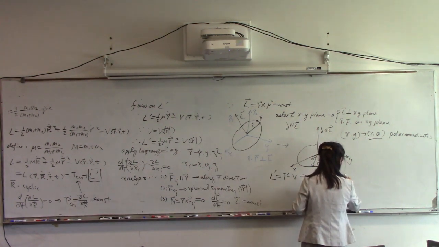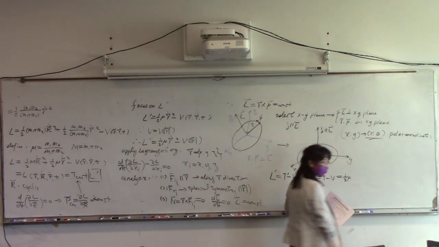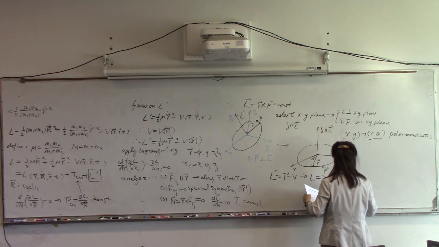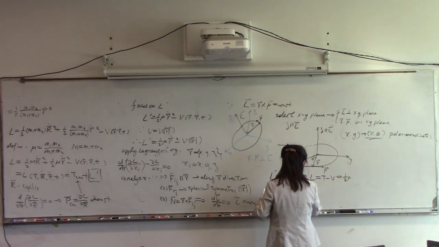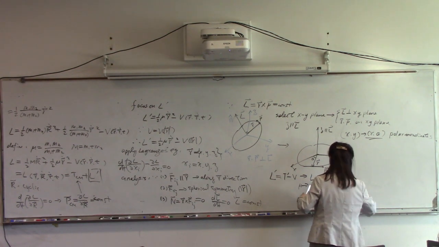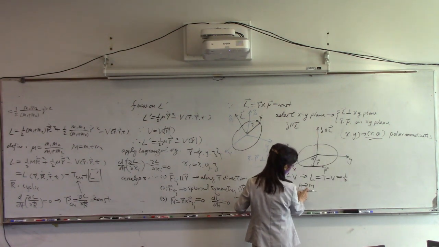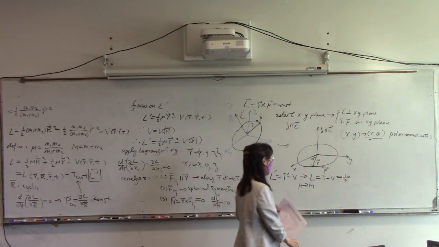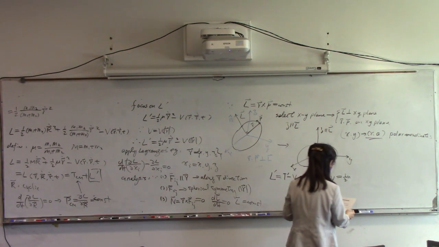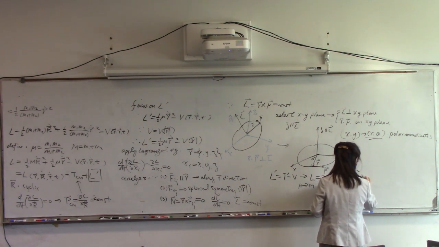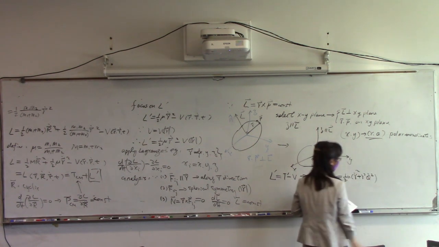T is half the reduced mass times r dot squared plus r squared theta dot squared, where we replace the mass by the reduced mass to keep it simple and general.